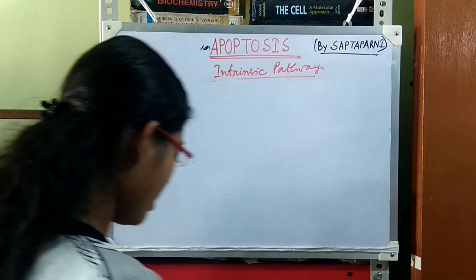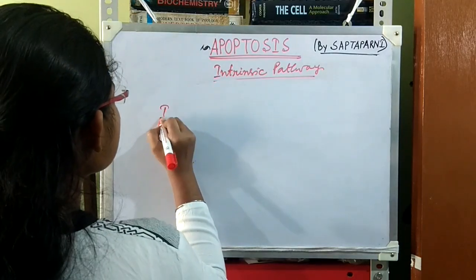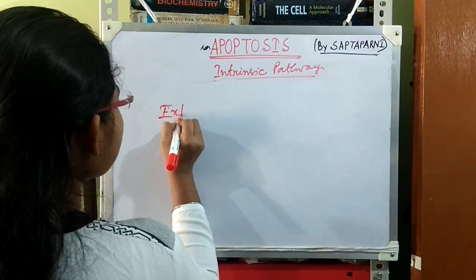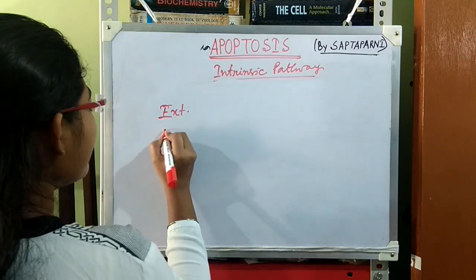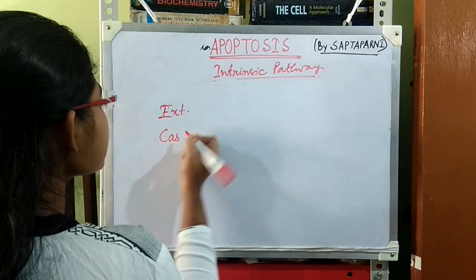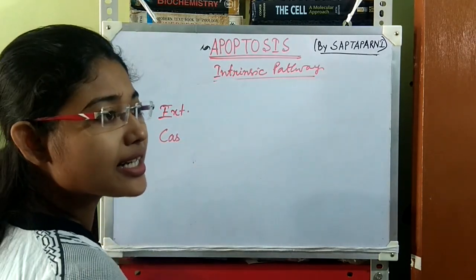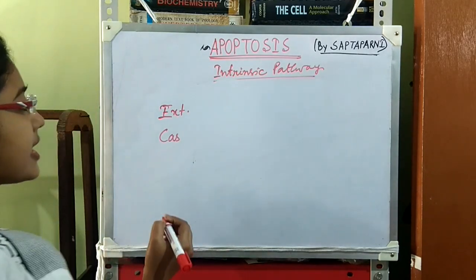What happens in the extrinsic pathway, we know that procaspase 8 and 10 get activated to caspase 8 and 10.